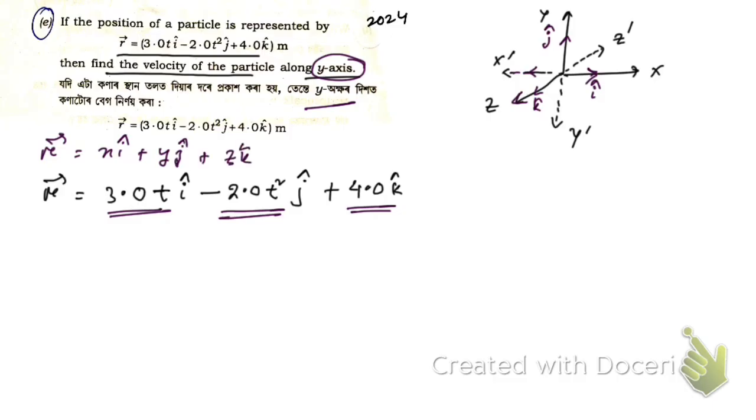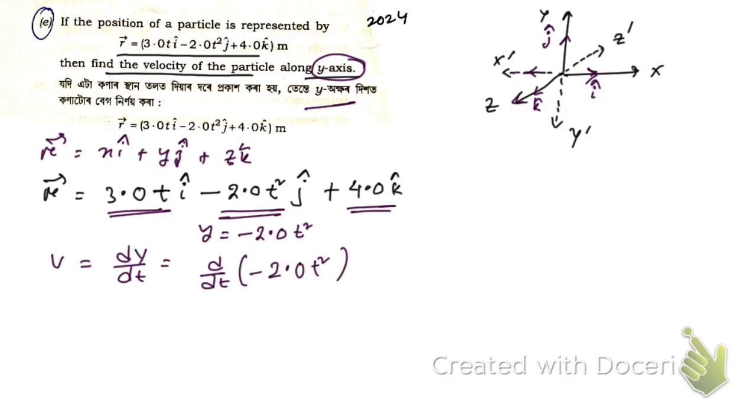So now as we need to find the velocity along y-axis, we're going to find dy by dt. Okay, so here the y is equal to minus 2.0 t square. So let us differentiate it. Derivative of this y, that is minus 2.0 t square, with respect to t.